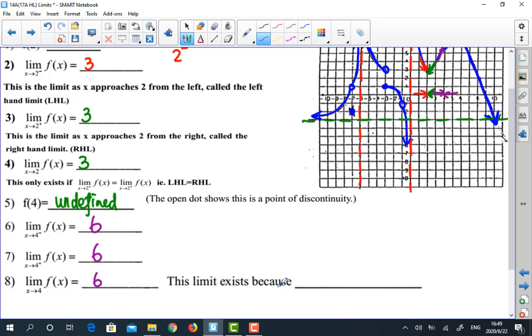The limit exists because the left-hand limit equals the right-hand limit. Means limit f of x, x approaching 4 negative, equals limit f of x, x approaching 4 positive. So the point of discontinuity doesn't affect the existence of the limit. At a point of discontinuity, your limit still could exist.